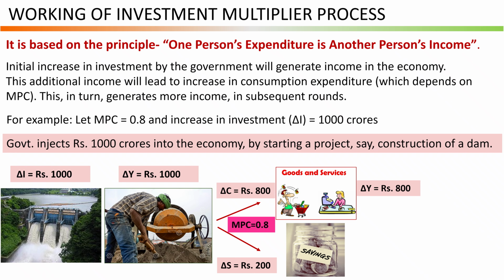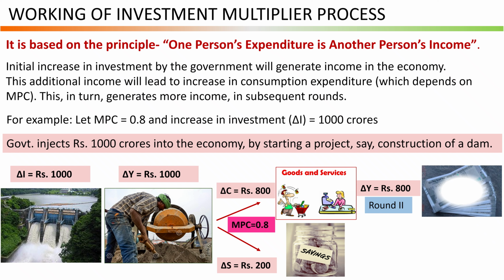In the second round, consumption expenditure of rupees 800 crores generates an equal amount of income. So, change in income delta Y will be rupees 800 crores in round 2, 80% of which will be consumed and the rest 20% will be saved once again.